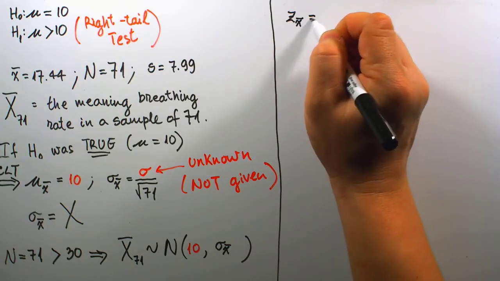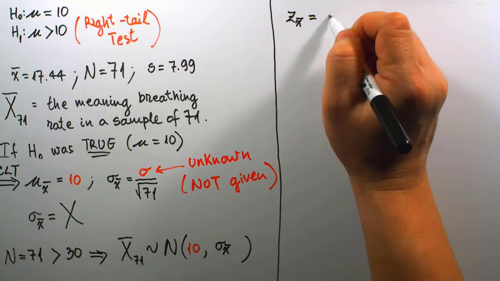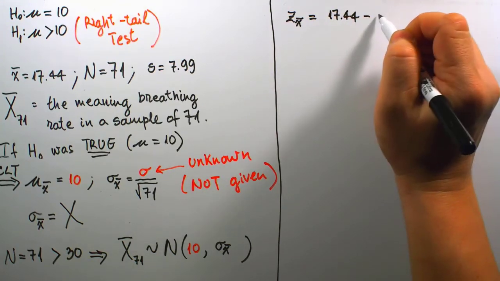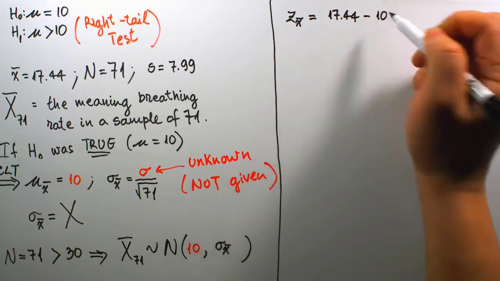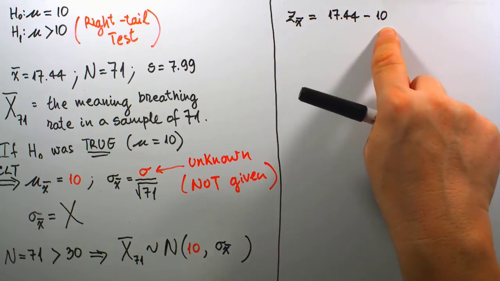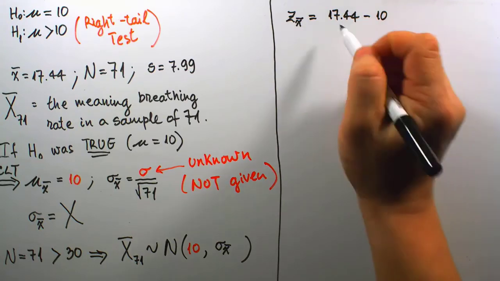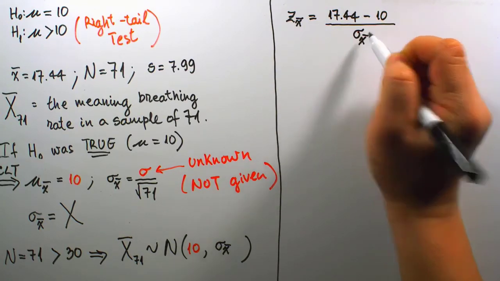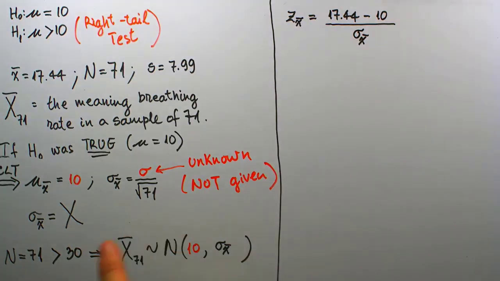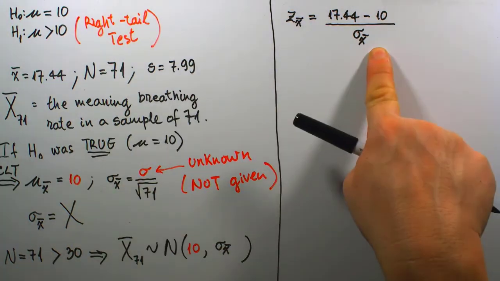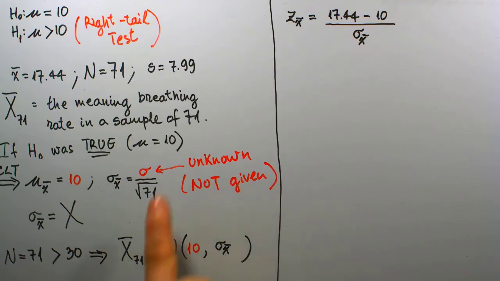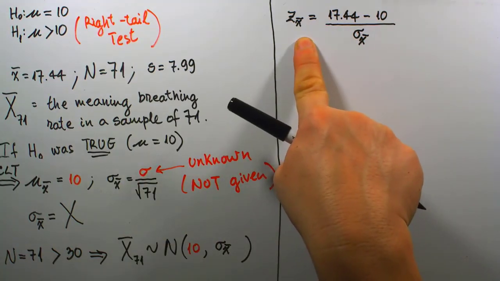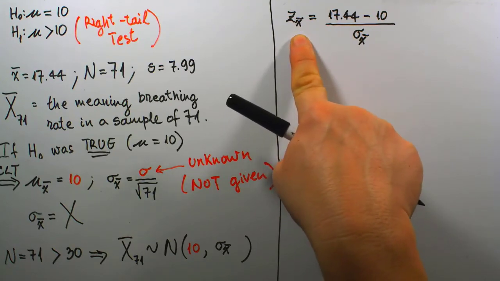And the way of doing that, from where our sample mean is, we're going to subtract the center on the bell curve on the normal distribution, which is now accepted to be 10, and we'll divide by sigma x bar. But unfortunately, we have an unknown sigma x bar value. So as I said again, if we had sigma, then we would go ahead and proceed into, as the next step, calculating our sigma x bar value.